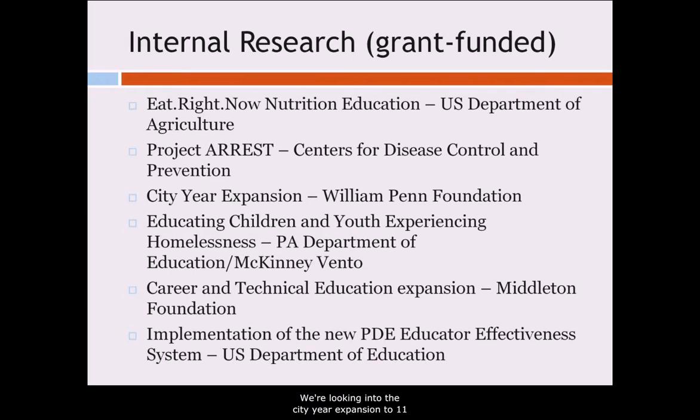We're looking into the City Year expansion to 11 schools this year, and that's funded by William Penn. A long-going evaluation that's been in office for over 5 years, maybe 7 to 8 years, is Educating Children and Youth Experiencing Homelessness, funded through McKinney-Vento. We're looking at the career and technical ed expansion, and also the implementation of the Pennsylvania Educator Effectiveness System.